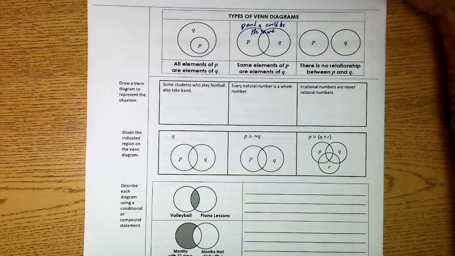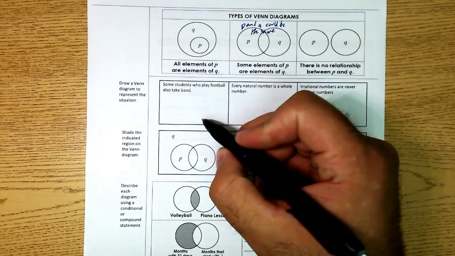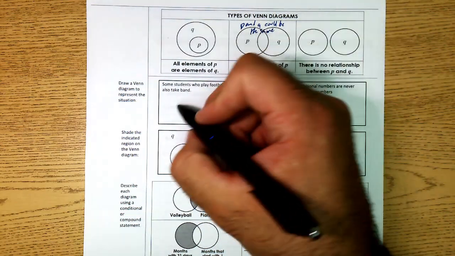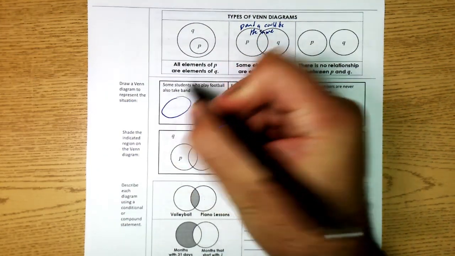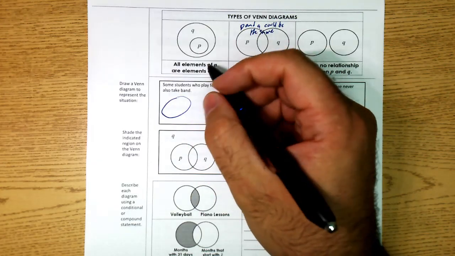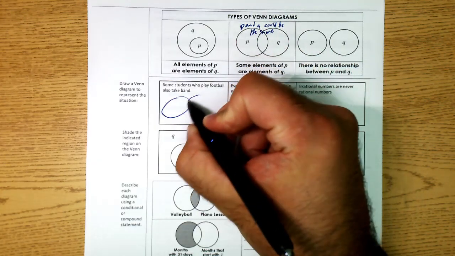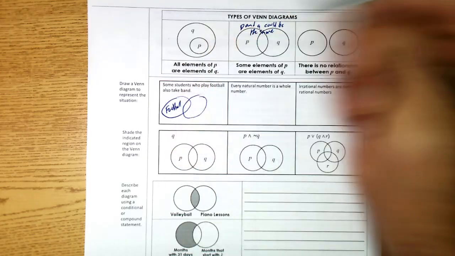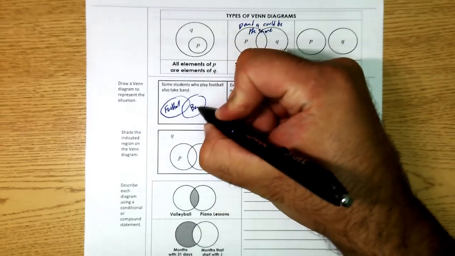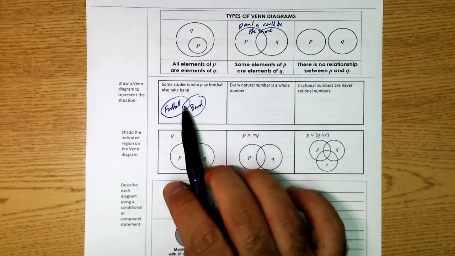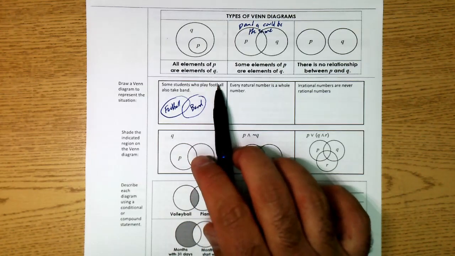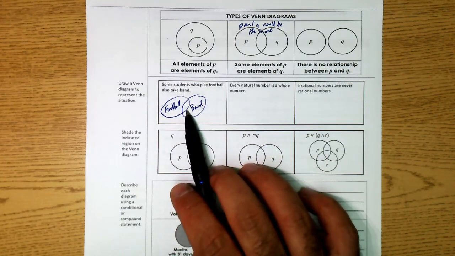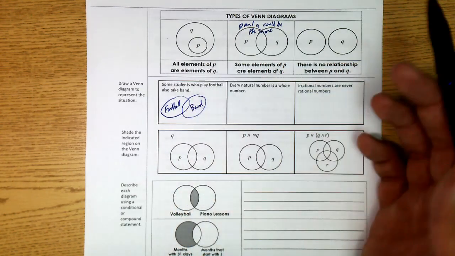So what that tells me is that we should have something similar to our second one. We should have a circle on this side. Don't make fun of my circles. Circle on this side. One side is football. One side is band. Where they overlap is those students who play football and also take band.